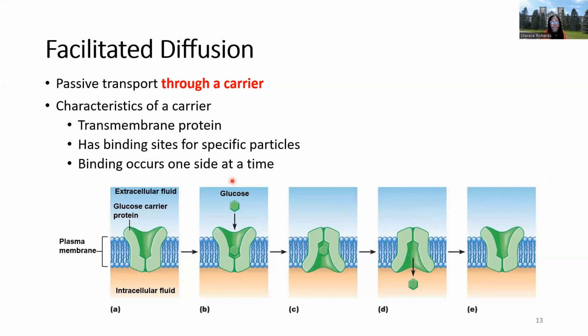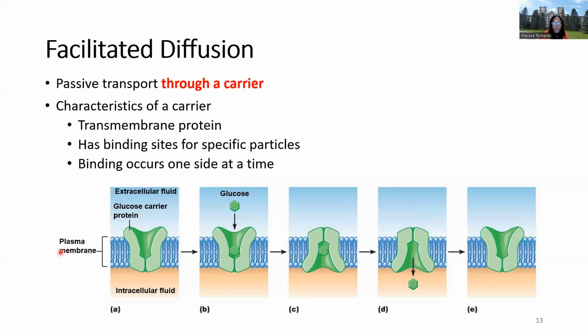The second factor is that they have binding sites for specific particles. A glucose transporter is going to have a binding site that is unique to fit glucose. The third feature is that they bind on one side at a time.